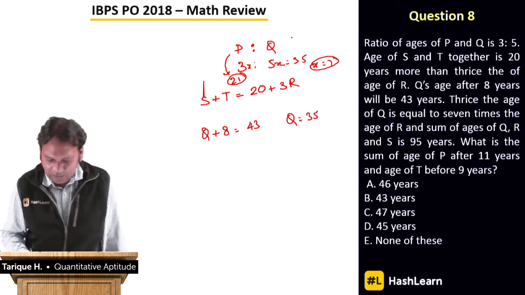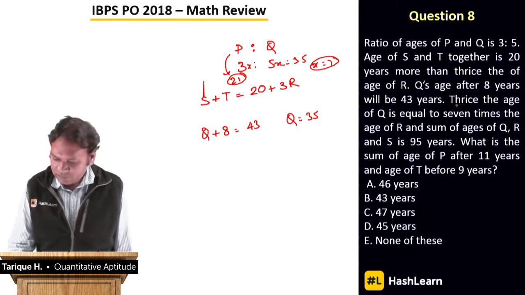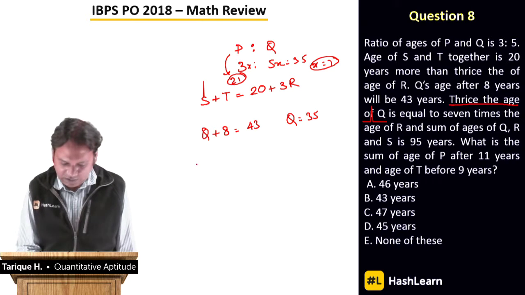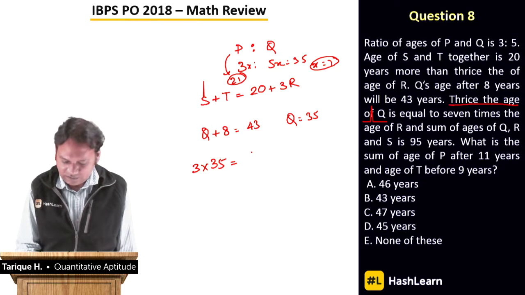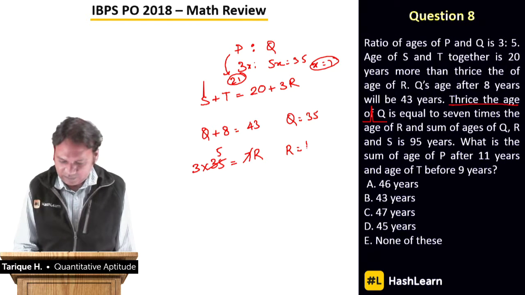Now, thrice the age of Q is equal to 7 times the age of R. So that means 7 into 5, R's age is equal to 15.